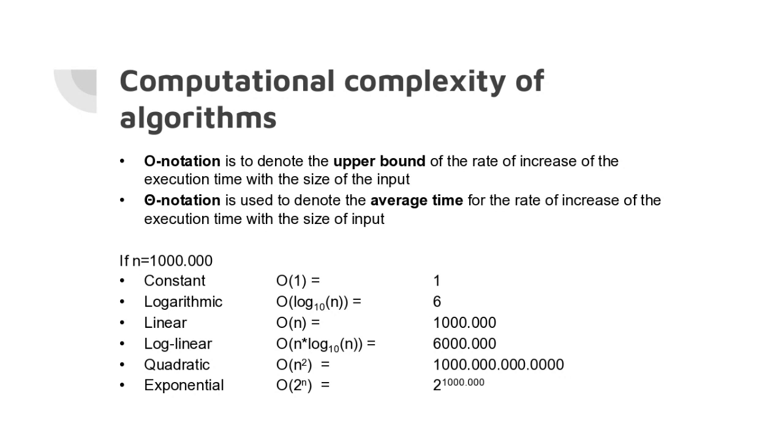And finally, we have exponential problems, which are actually not feasible for large values of n. Here's 2 to the power of a million. That's a ridiculous amount of zeros. If you would give that as input in a calculator, it would crash. So clearly exponential problems are not solvable unless n is very small.